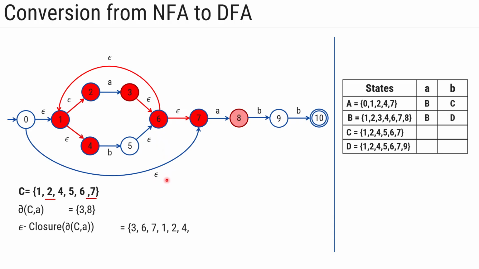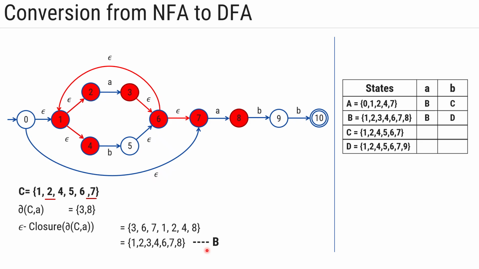Then we also add 8 because the e-closure of 8 is 8 only. So you can rearrange them, which is similar to B: 1, 2, 3, 4, 6, 7, 8. You need not give a new name for this. We'll give the same name, capital B.